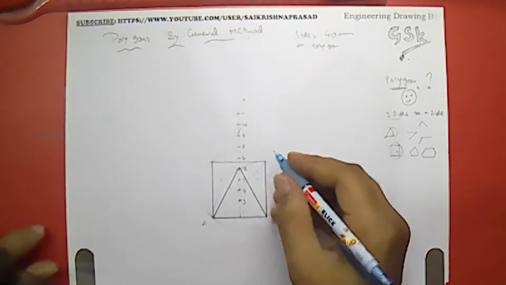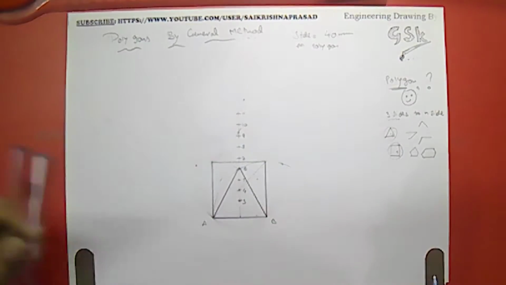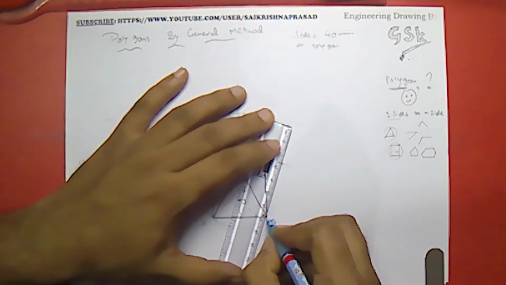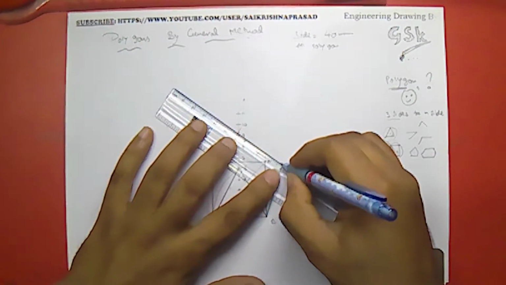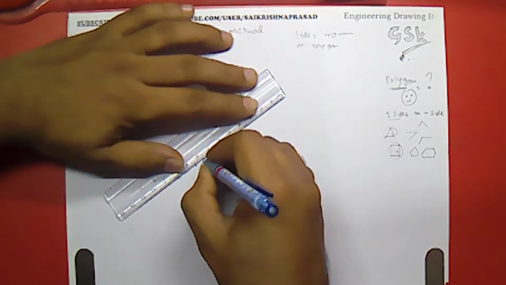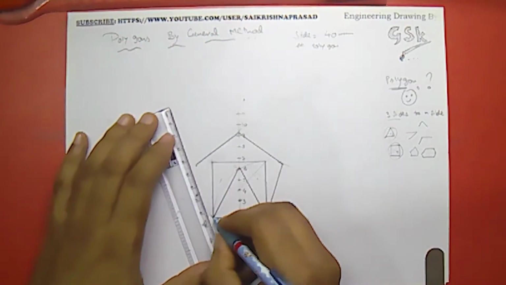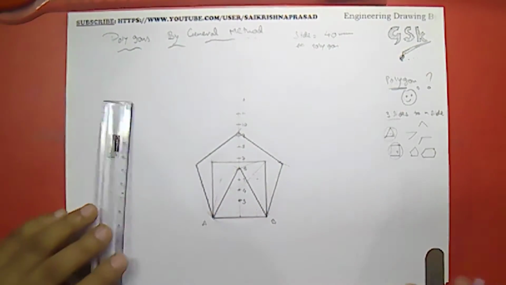Now you can join these points: A, B, this is C, D, E, again A, right? This is a pentagon.